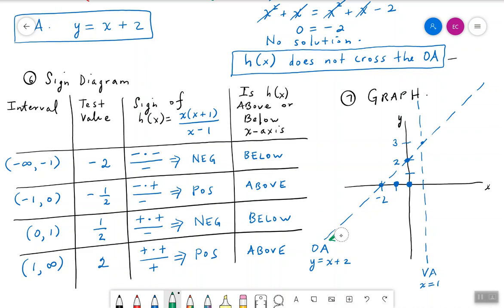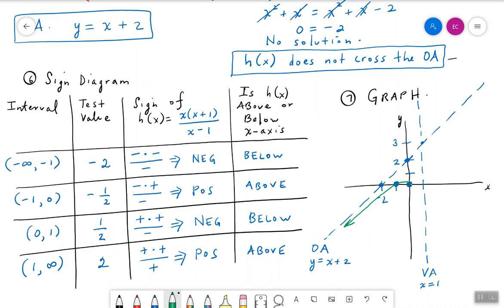So I'm going to erase that and draw it a little bit better. I'm going to do something like that. And notice that I'm below the x-axis to the left of -1. And then I went above the x-axis from -1 to 0, just barely, just a little bit, but that's enough.